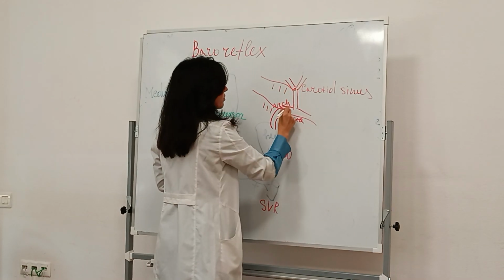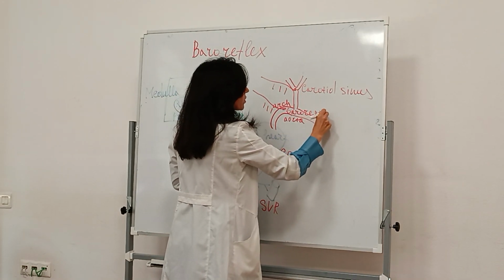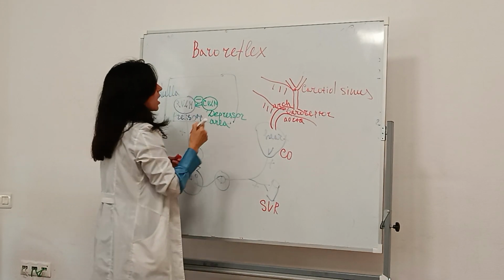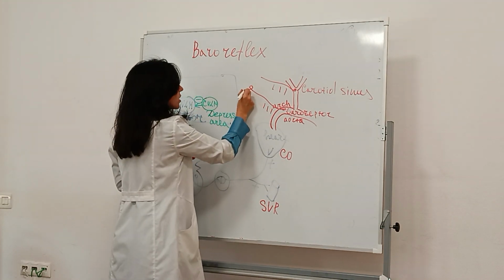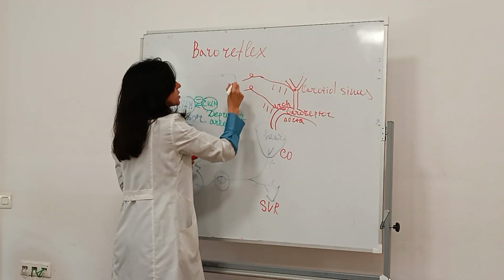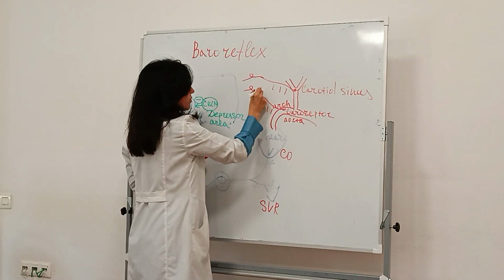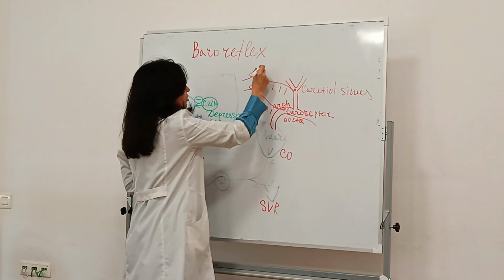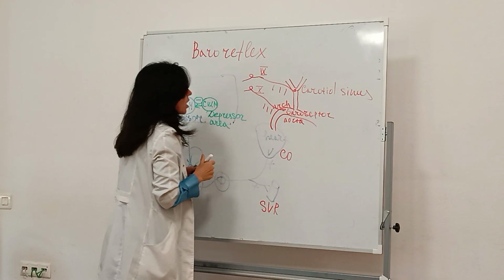Baroreceptor area: primary nerve endings, sensory endings. They transmit signals into the brain across cranial nerves, the vagus branch and the glossopharyngeal nerve.